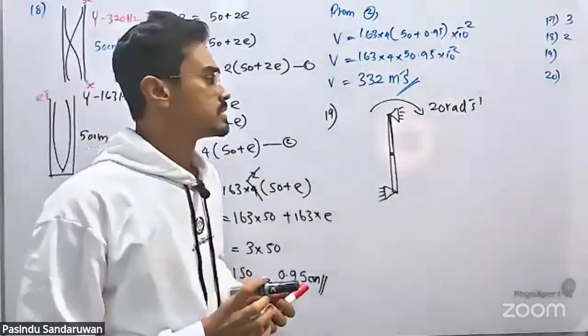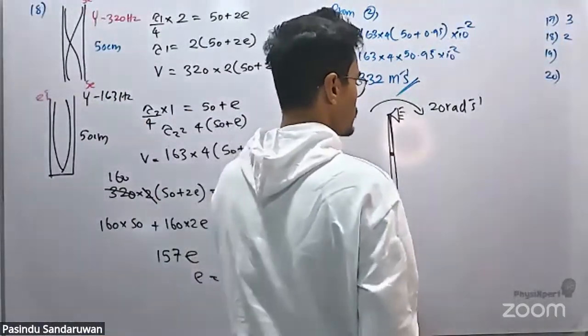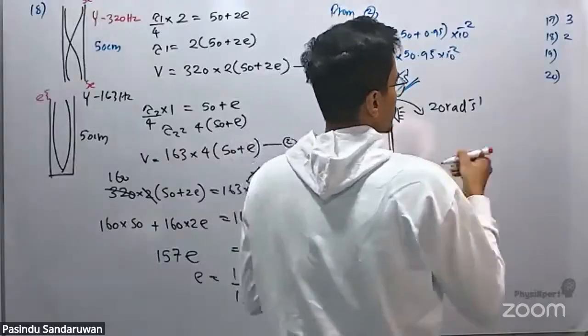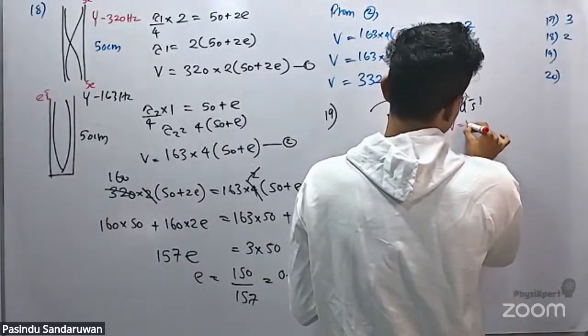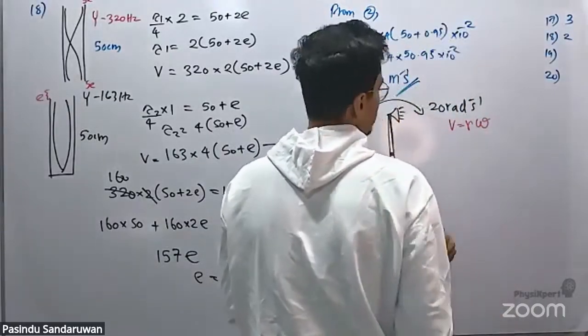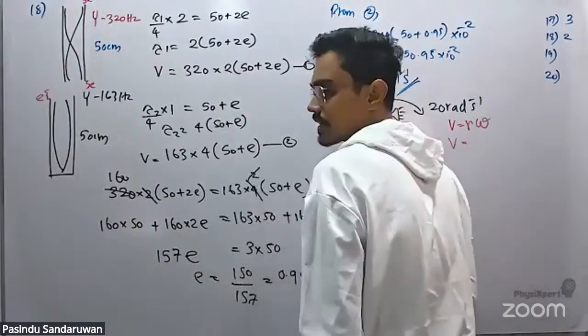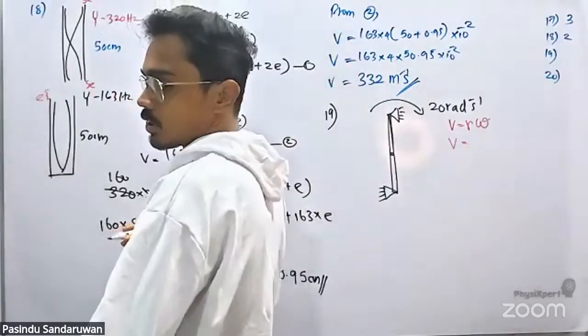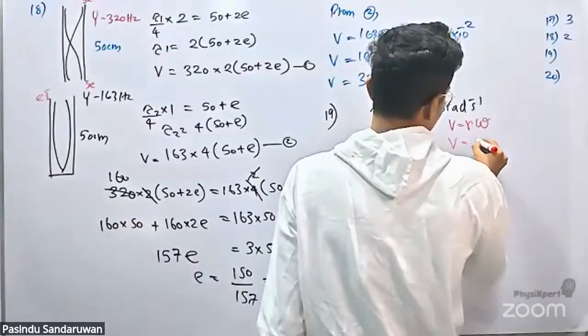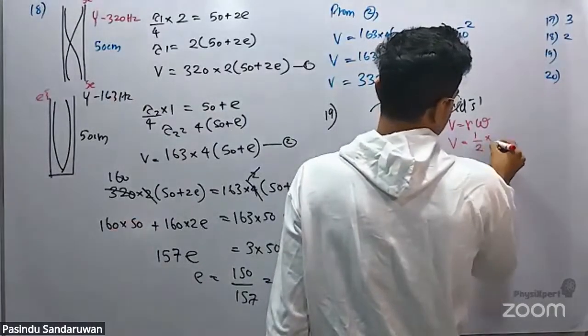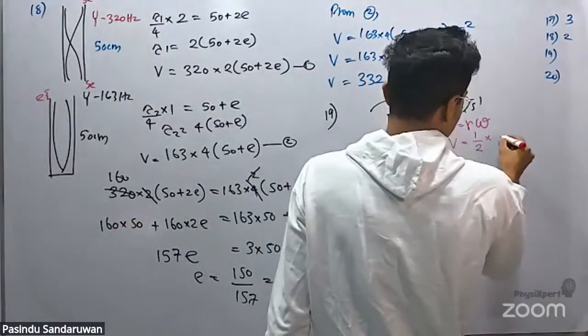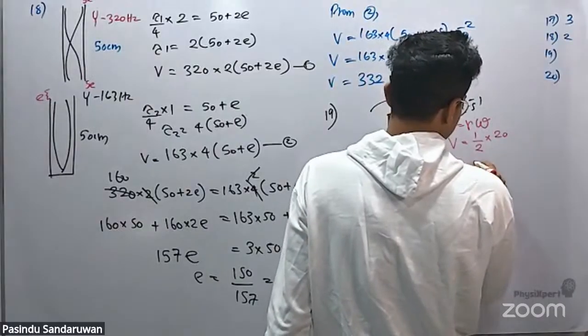Then from that you can determine the velocity, because we know V equals R omega. R is 1 meter long bar, so R is 0.5, half, and omega is 20, which means V equals 10 m s minus 1.